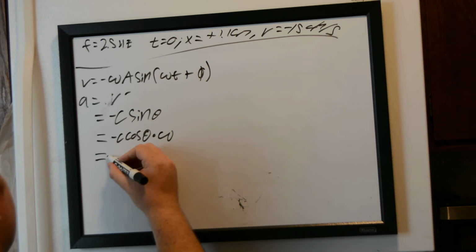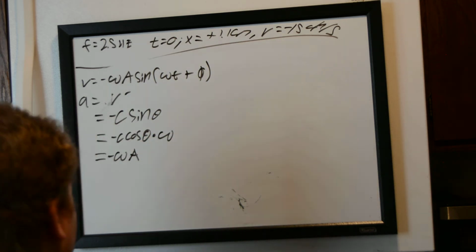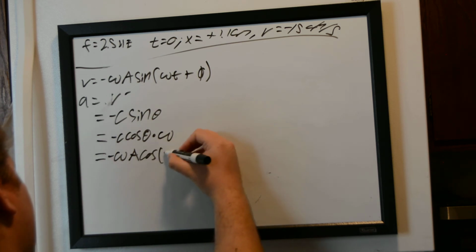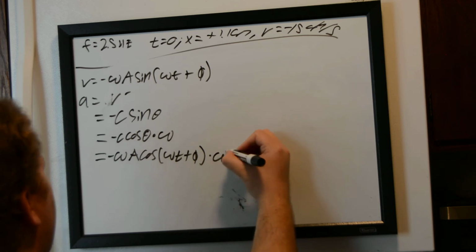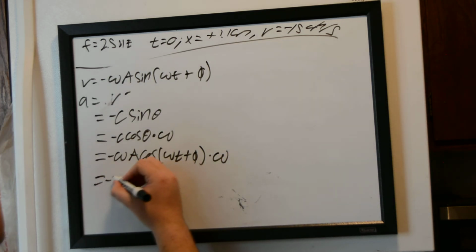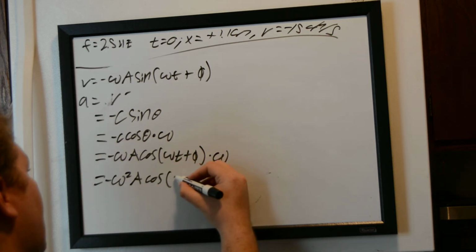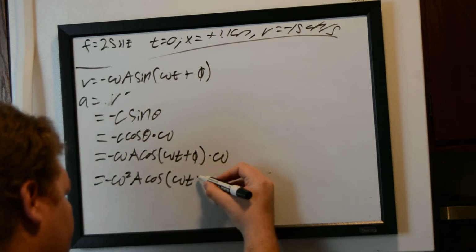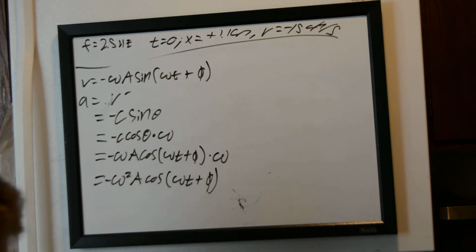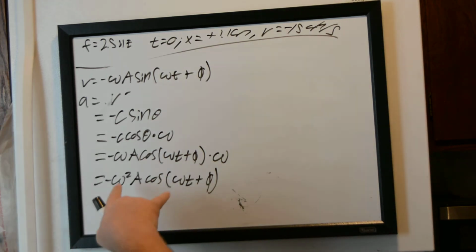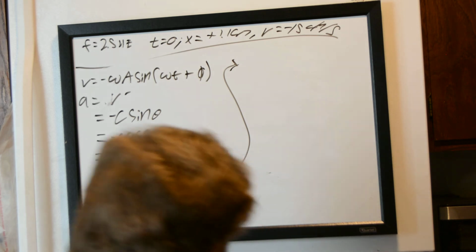Our constant is negative angular velocity times our amplitude times the cosine of our inside function times angular velocity. And that gives us our negative angular velocity squared times our amplitude times the cosine of our angular velocity times time plus phi.